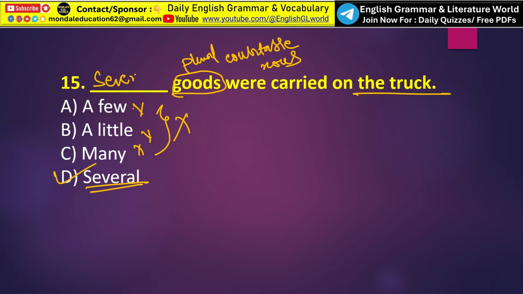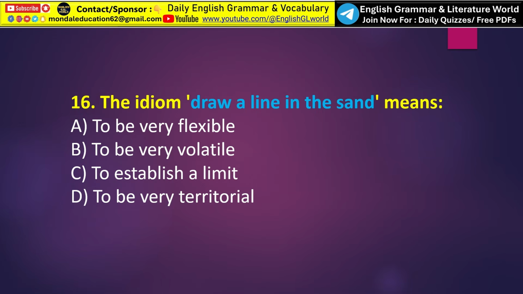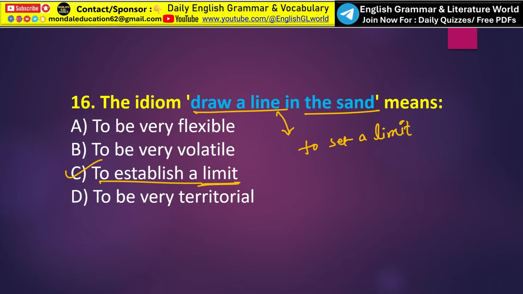Several goods were carried on the truck. Next, the idiom draw a line in the sand means to set a limit. Understand? So here option C, that is to establish a limit, is the correct answer.